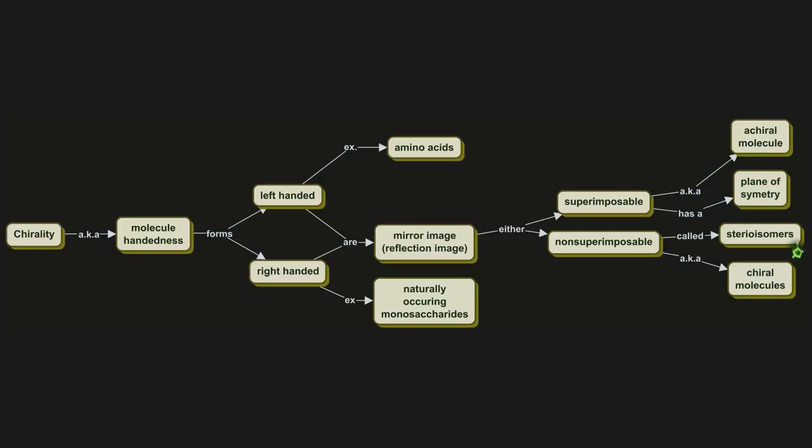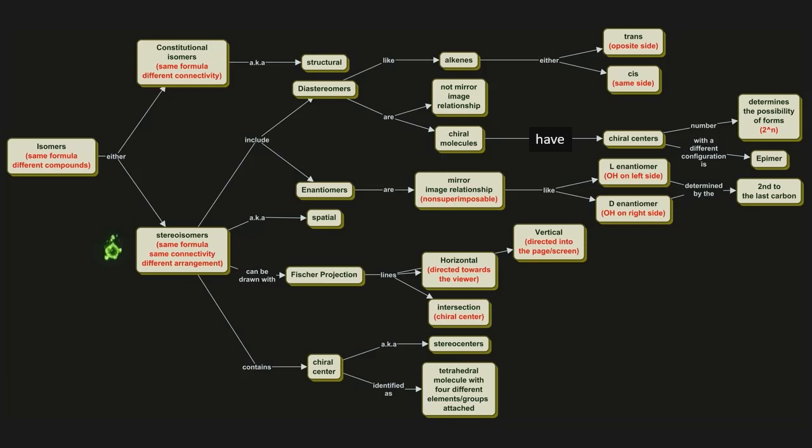Non-superimposable molecules, also known as chiral molecules, are called stereoisomers. So what, therefore, are stereoisomers? Before we go into the details of stereoisomerism, we have to look at the greater umbrella, which is isomers.